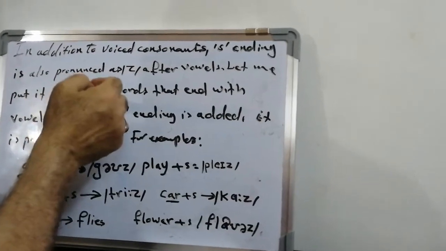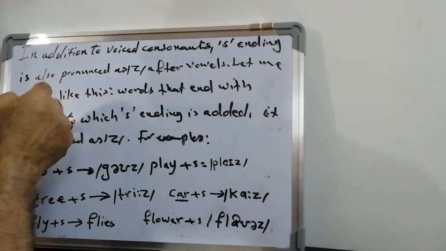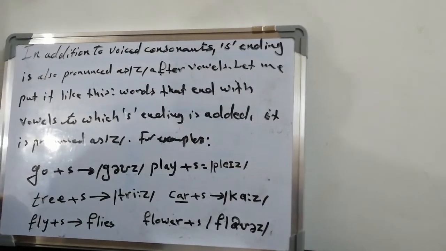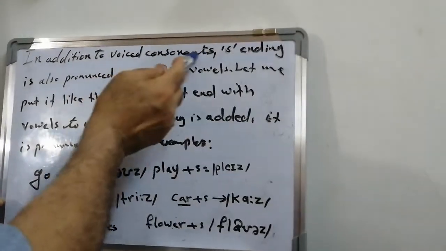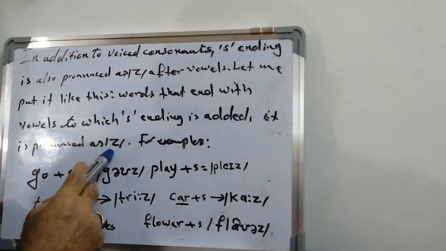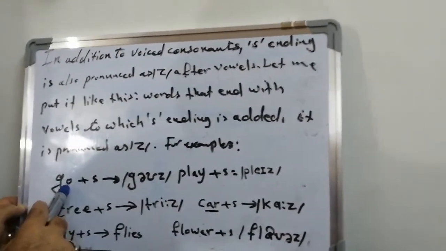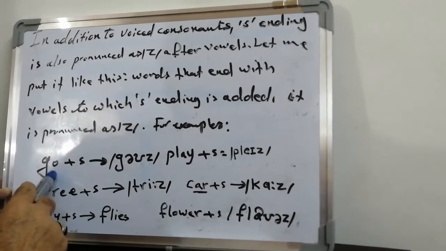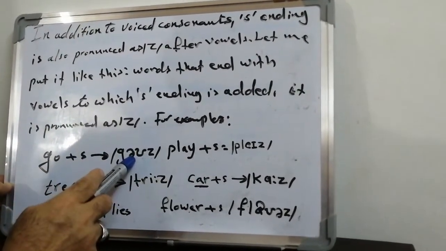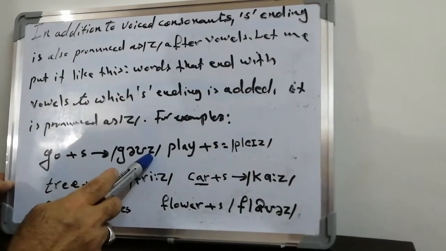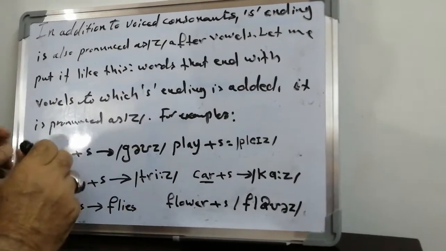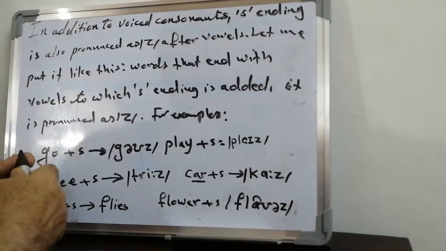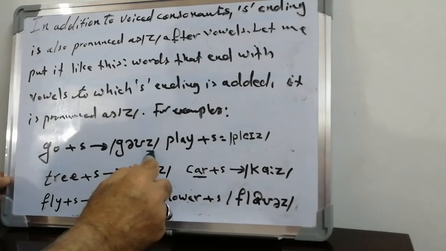Let me put it like this: words that end with vowels to which the s ending is added, it is pronounced as /z/. For example, we have the verb "go". It becomes "goes", with /z/. Okay? Right. And I underlined it.